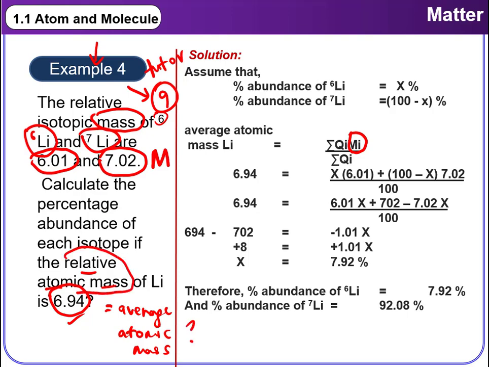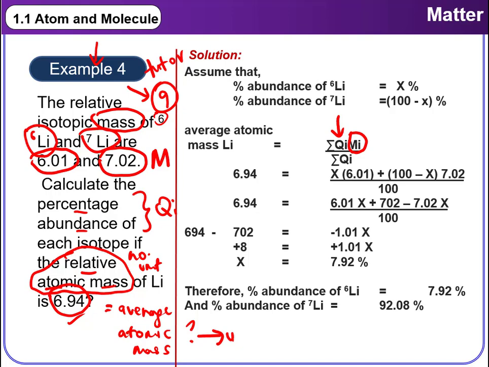Relative atomic mass has no unit. Average atomic mass has the unit U. Next, since you have to determine the percent abundance, it means you have to find Q. You have to find this Q.